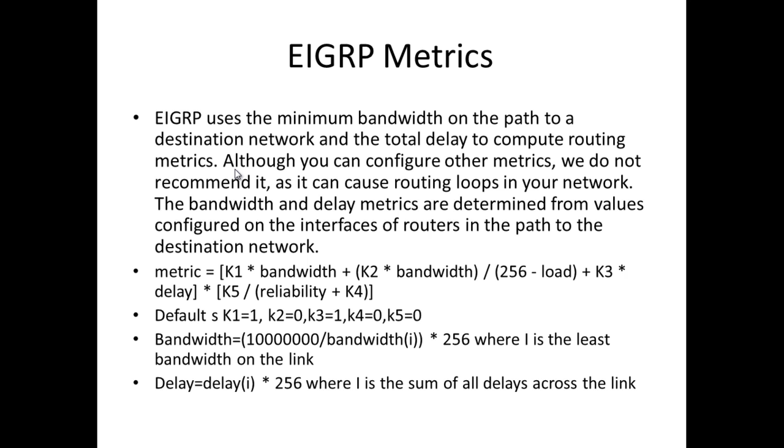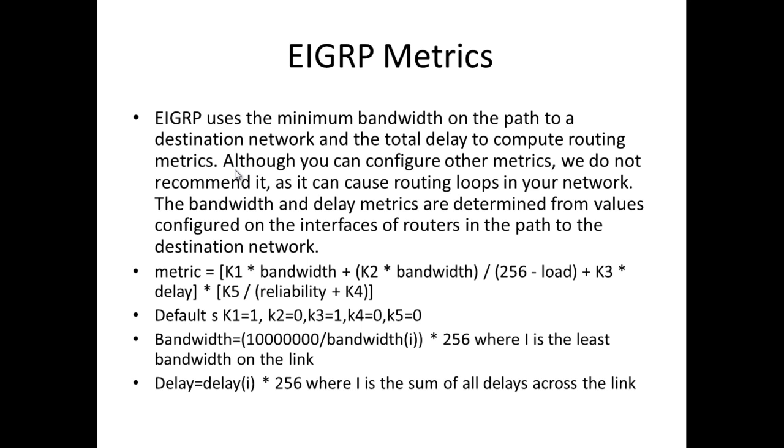Now we'll move on to the EIGRP metrics. As we said, EIGRP uses the minimum bandwidth on the path to the destination and the total delay to compute the routing metrics. You can configure the other metrics, but it's not recommended as routing loops could happen in the network.